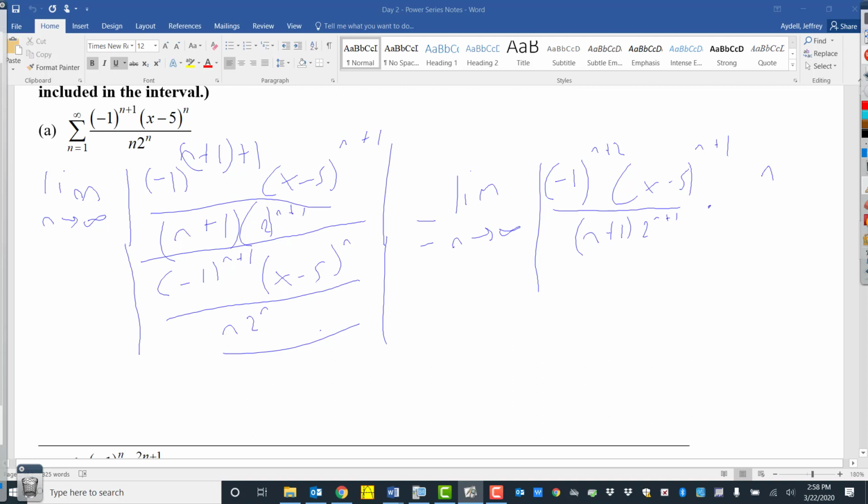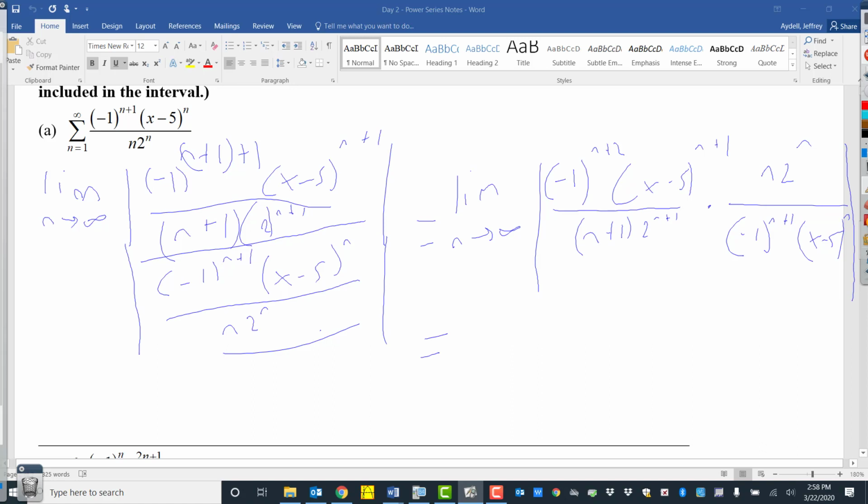So n times 2 to the n over -1 to the n plus 1 times x minus 5 to the n. And this is what we're going to be simplifying.